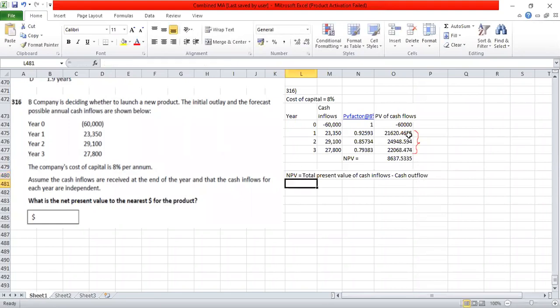So the total amount of these 3 things will be, cash inflows are the total amount. Let me just calculate that and then tell you.